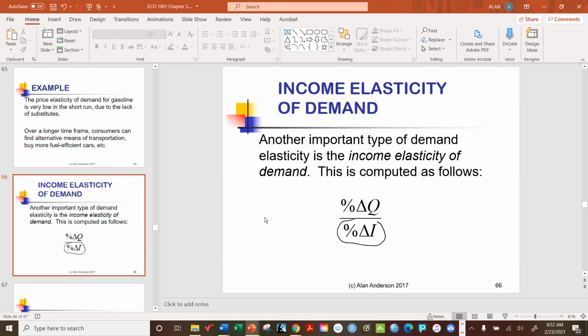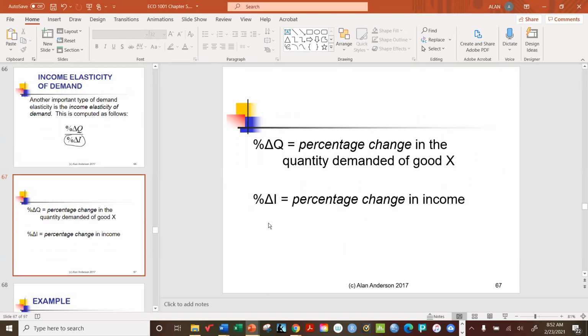So let's take a look at how this works. And yes, the symbols mean the same thing. This is the percentage change in the quantity demanded divided by the percentage change in income. All right, that part hasn't changed.